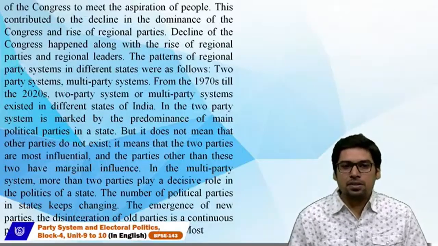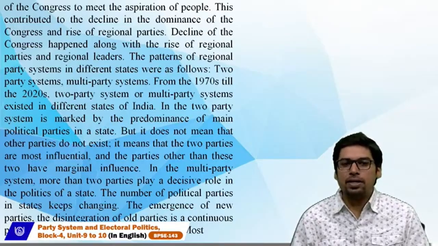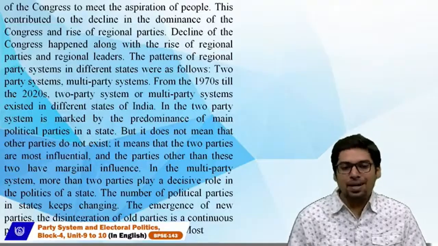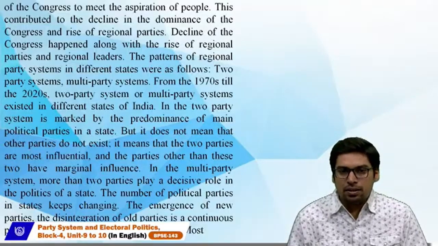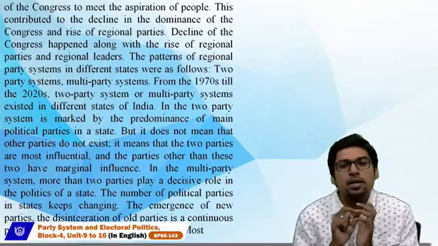In the multi-party system, more than two parties play a decisive role in the politics of a state. The number of political parties in states keeps changing. The emergence of new parties and the disintegration of old parties is a continuous process.